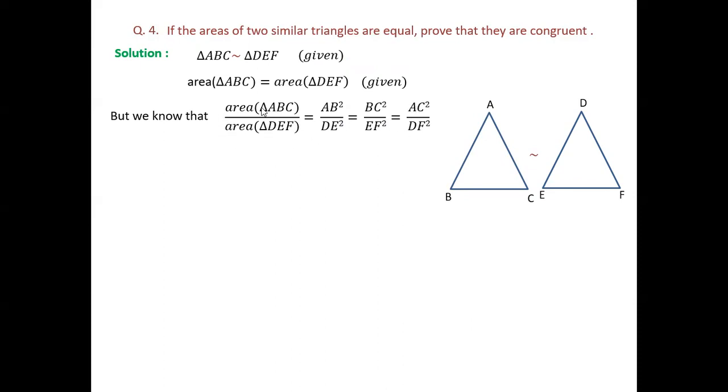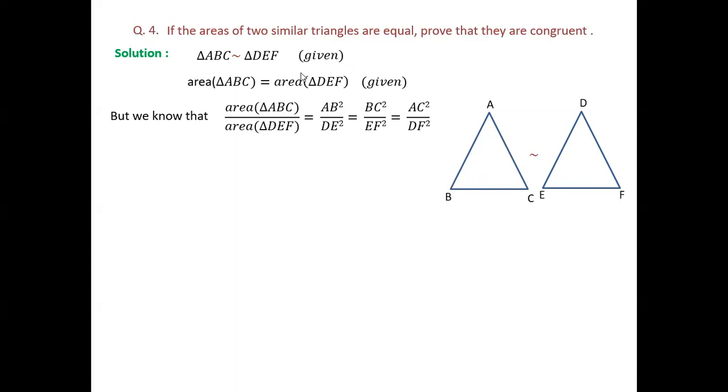The ratio of the areas of two similar triangles is equal to the ratio of the squares of the corresponding sides.